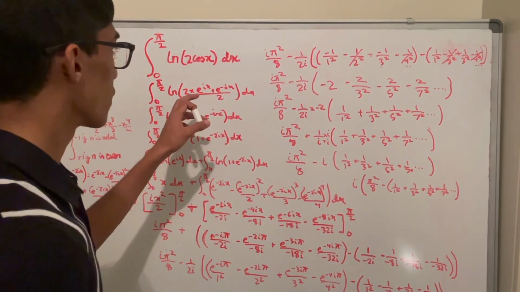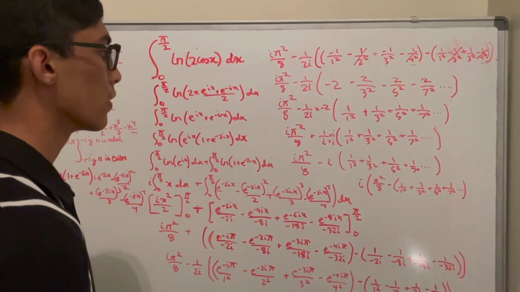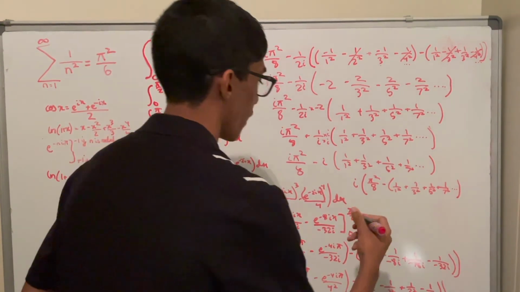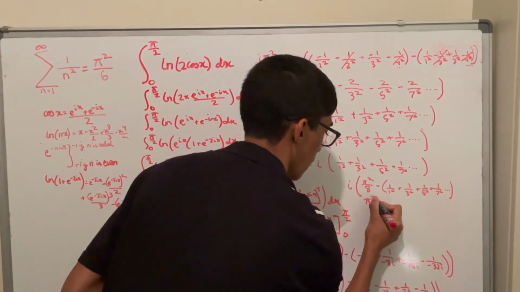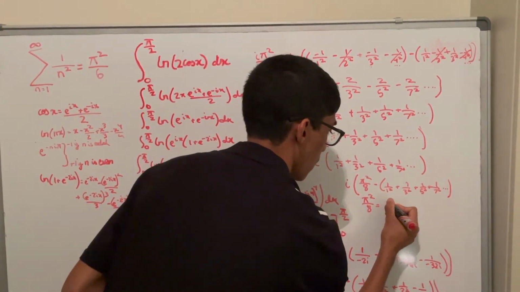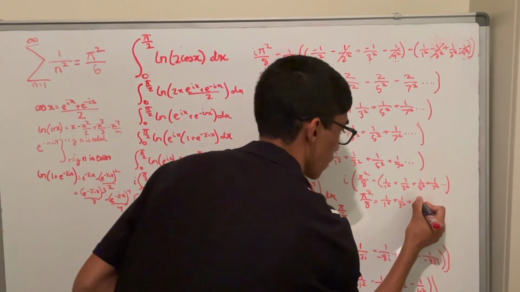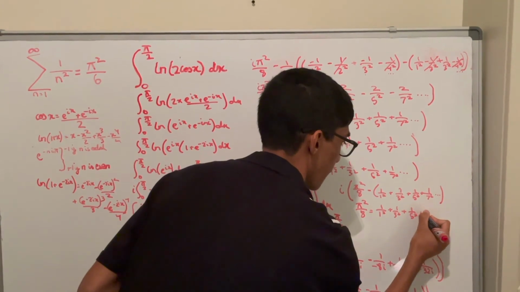Since this integral results in a real value, the coefficient of the i terms must equal 0. So we have pi squared over 8 must equal 1 over 1 squared plus 1 over 3 squared plus 1 over 5 squared plus 1 over 7 squared.